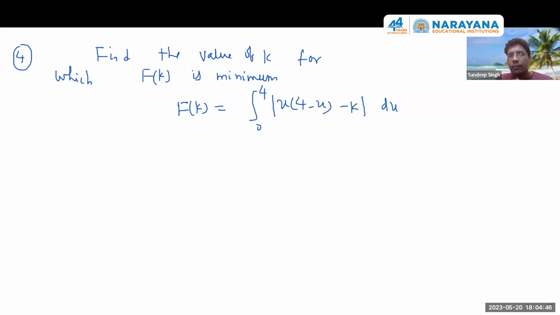Generally 18 problems will be asked in maths, and out of 18, 2 or 3 you can solve within 1 minute. This is one of them. The rest require time, some 5, 6 or 7 minutes. But this problem you should solve within 1 minute, which you will be able to do if you remember.